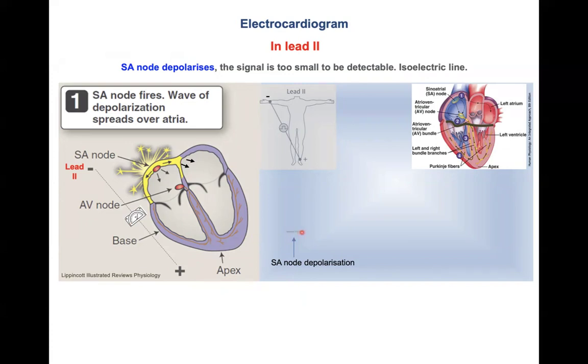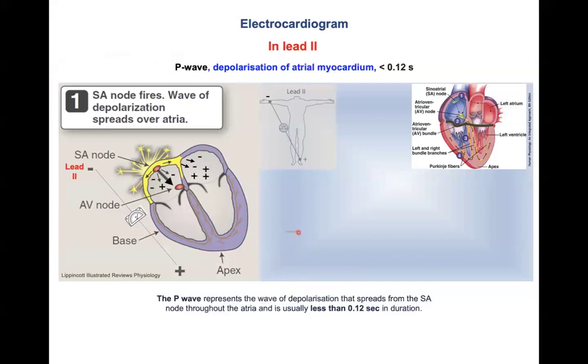So the flat line just before the beginning of the P wave, which is the excitation of the atria, this flat line before the excitation of the atria, this is the excitation of the SA node. Again, too small mass, too weak a signal, it cannot produce a signal at all, flat line, no voltage detectable.